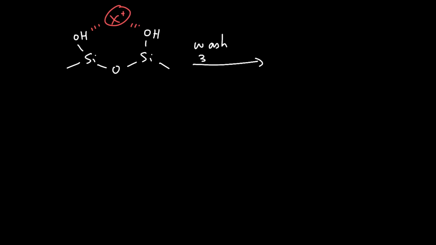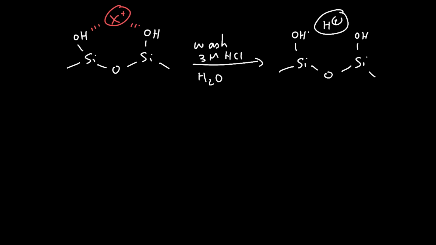We can wash with something like 3 molar hydrochloric acid followed by a rinse with water, and this will exchange the cations for hydrogen ions. So if you're okay with having hydrogen ions but not sodium ions or potassium ions and whatnot, this is one possible way you can remove surface contamination.